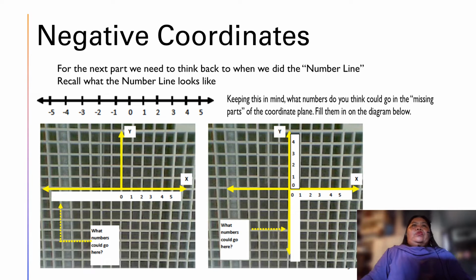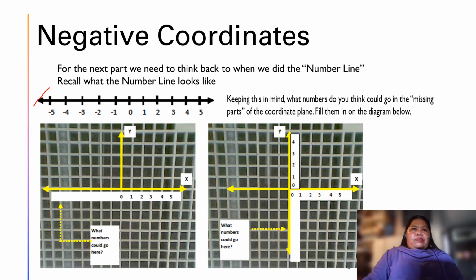Okay, so we have also some negative coordinates. For the next part, we need to think back to when we did the number line, okay? So in your elementary, perhaps you have already encountered this. We call it a number line. So keeping this in mind, what number do you think could go in the missing parts here?